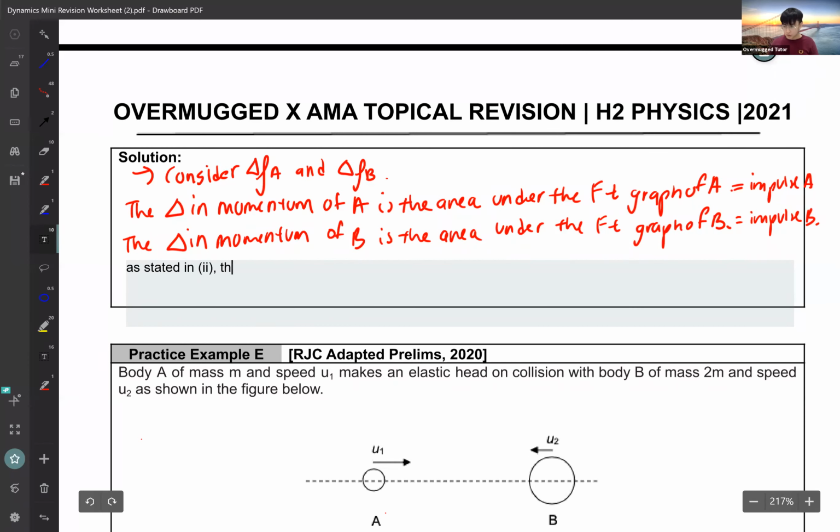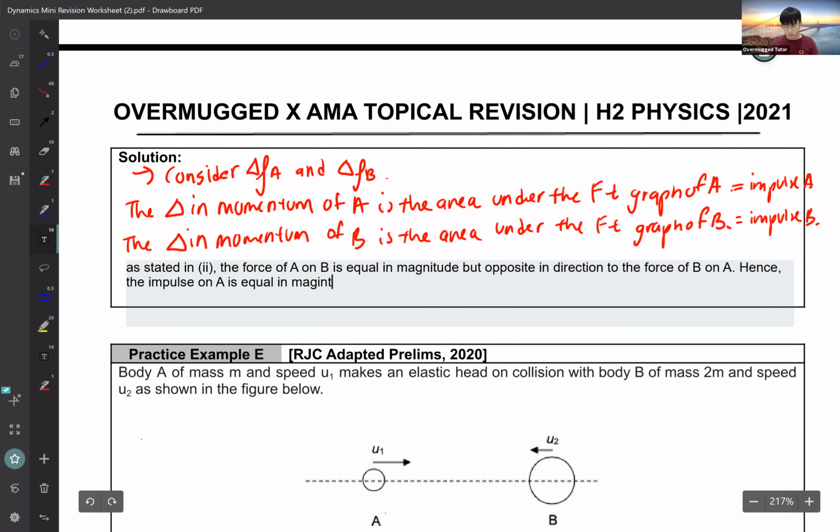The force of A on B is equal in magnitude, but opposite in direction to the force of B on A. Hence, the impulse on A is equal in magnitude, but opposite in direction to the impulse on B.